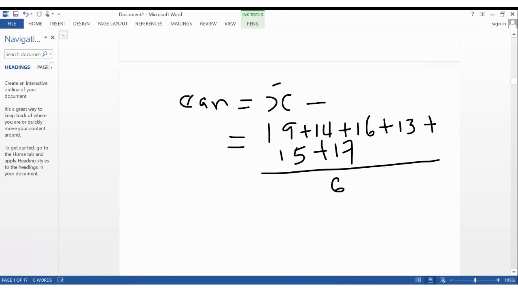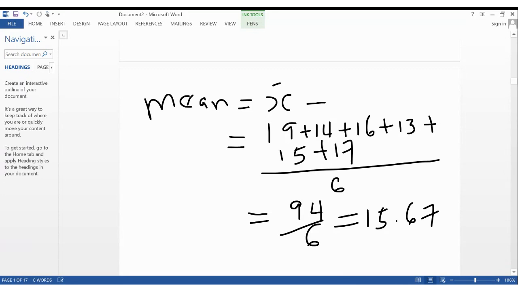Let me take my handy calculator here. When you're having these ones, a calculator is so much helpful. I'm getting 94 all over 6. Dividing that by 6, I'm getting 15.67 after rounding off. So that is the mean of that data.